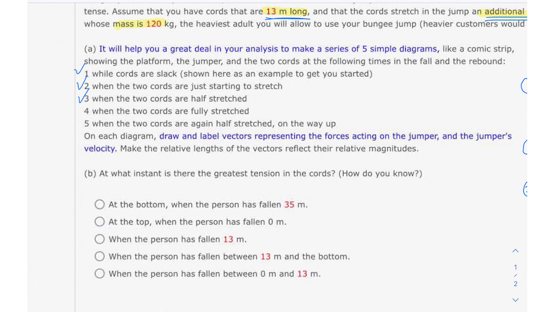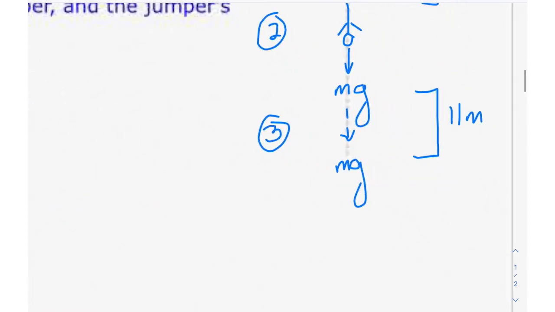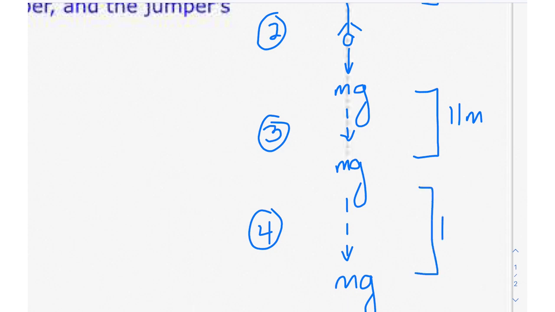Then for 4, when the two cords are fully stretched, I'm going to display it with a dashed line, but we keep falling, and it's still a force of mg pulling us down, but now the cords are fully stretched. So this would be another 11, which would be a total stretch of 22 meters.